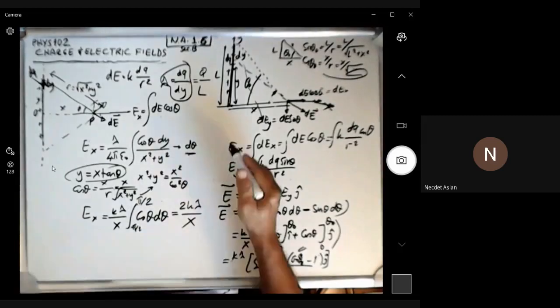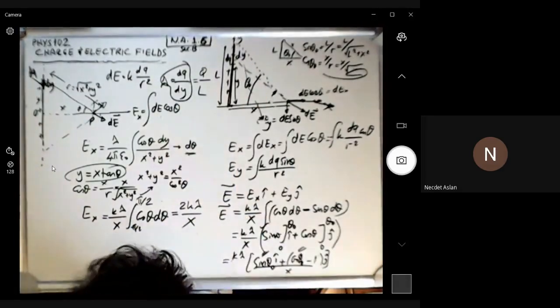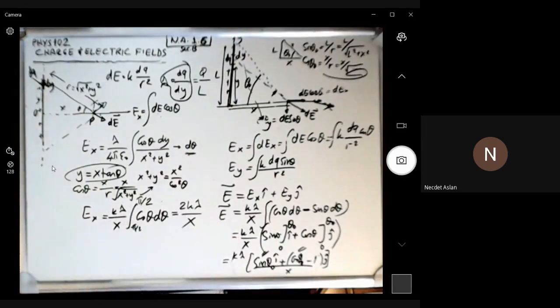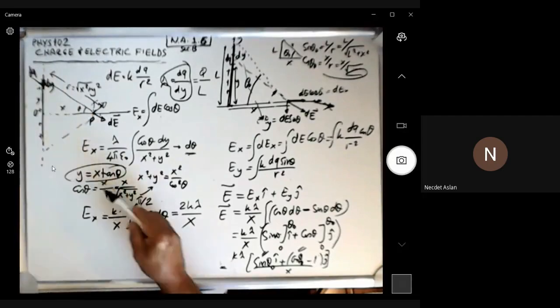It looks like when x equals 0, the electric field blows up. Anyway, this is something that I wanted to give you as an extension for this problem.